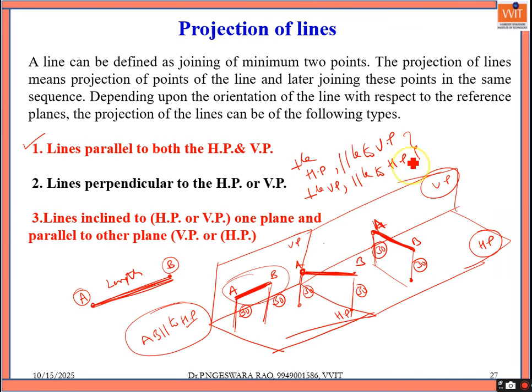Inherently, it is perpendicular to any one of the planes. The last condition is a line inclined to any one plane. If the line is inclined to HP, it will be parallel to the VP. Otherwise, if it is inclined to VP, it is parallel to the HP. So simply, the line is parallel to both planes, or perpendicular to any one plane, or inclined to any one plane.